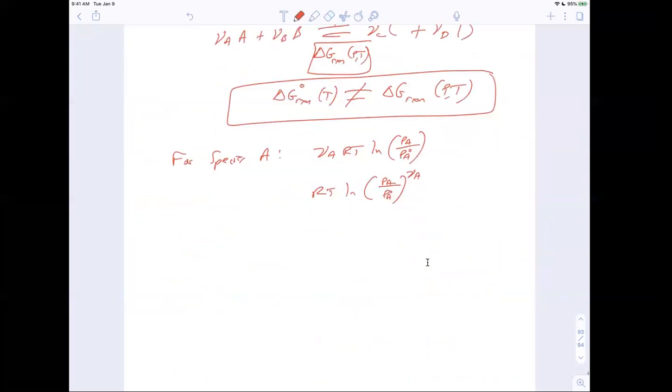We can do the same thing for B. And so what we'll get there is RT natural log of the partial pressure of B in this mixture at equilibrium, times nu sub B, and so on and so forth for C and D.